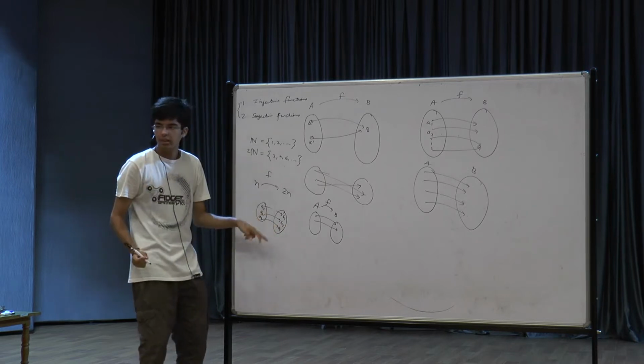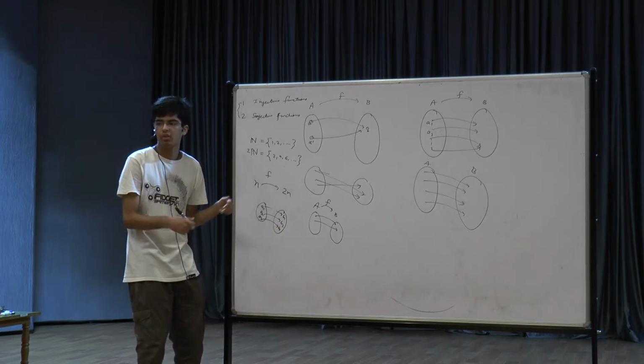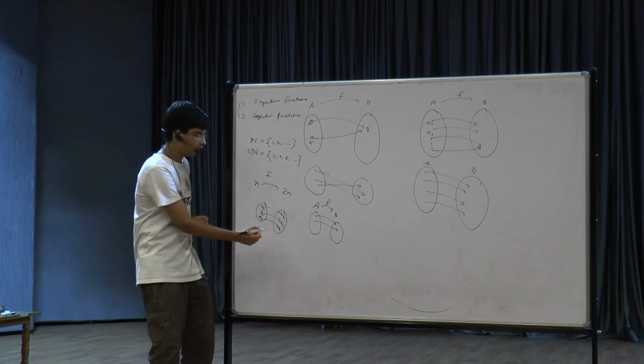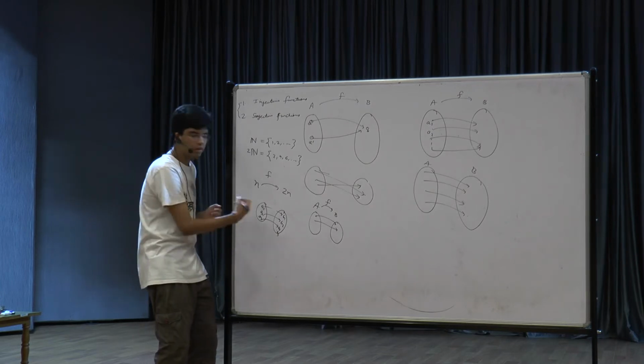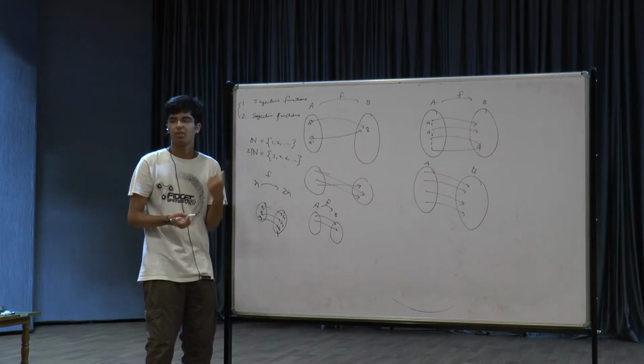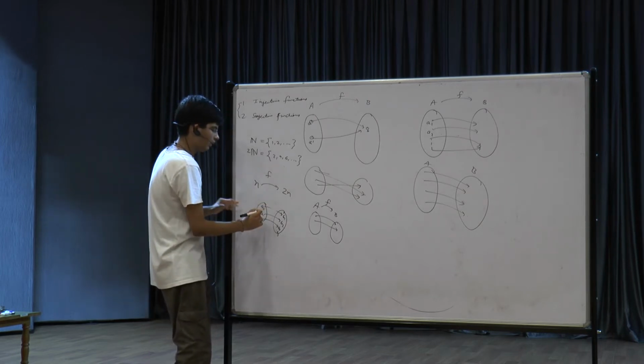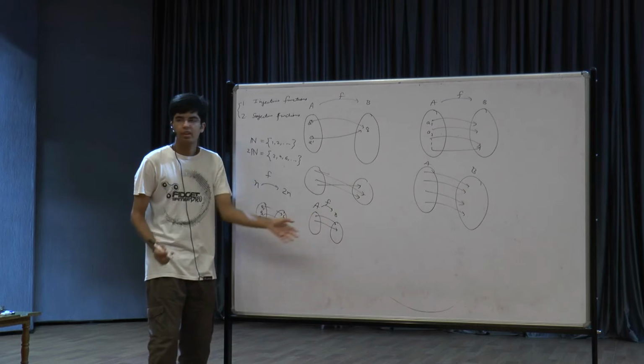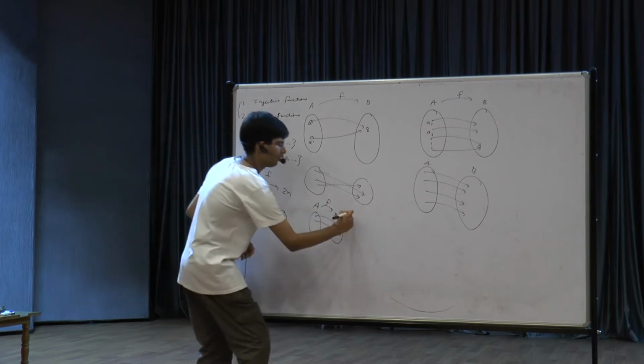Now nothing else can be here, because otherwise surjectivity is violated. Suppose there's some B4, nothing goes to B4, but our function was bijective. So if you have a bijective function between two finite sets, they will have the same number of elements.